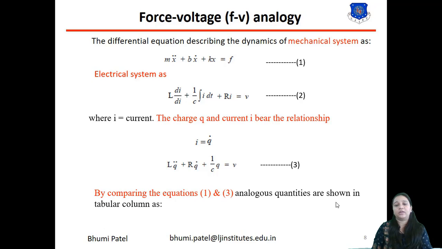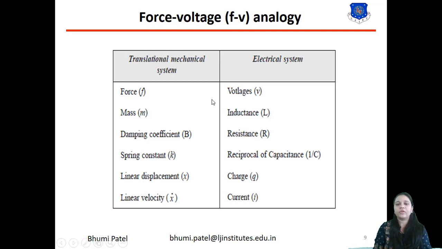By comparing equation number 1 for the mechanical system and equation number 3 for the electrical system, the analogous quantities are shown in the tabular column: force is directly equal to voltage, mass is equivalent to inductance, damping coefficient or friction is equivalent to resistance R, spring constant K is equivalent to capacitance, 1 by C, linear displacement X is directly equivalent to charge Q, and linear velocity X dot is directly proportional to current I. So this is the force voltage analogy.